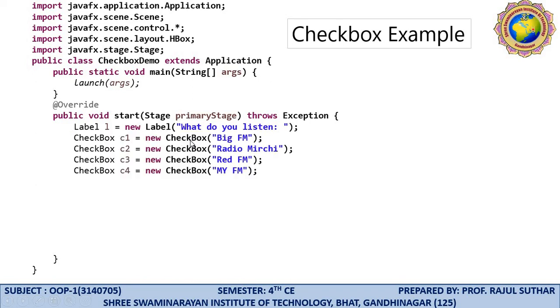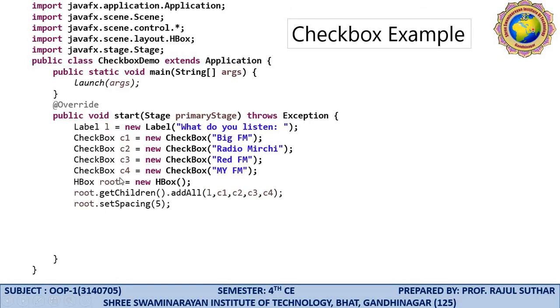Import the checkbox, extend the Application, public static void main String args, as you can write here or later. Public void start(Stage primaryStage) throws Exception. Label 1 is written here: what do you listen to? This is the list for creating radio stations: first Big FM, Radio Mirchi, Red FM and My FM. For that you require an object for each and every checkbox: checkbox 1, checkbox 2, checkbox 3 and 4. This type of application you can create as a drag and drop control in a Java web application also.